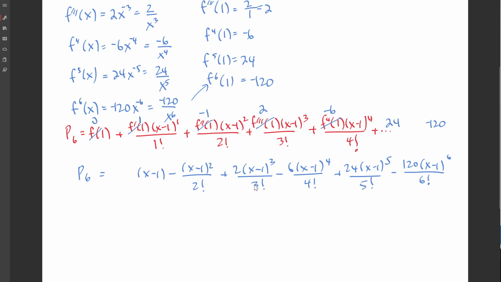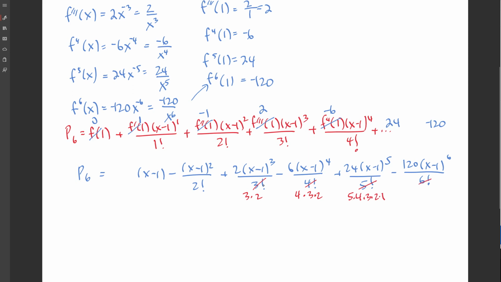Right here, this is actually 3 times 2, right? 3 factorial is really 3 times 2. So if I call this 3 times 2, and this 4 factorial is really 4 times 3 times 2, okay? And this 5 factorial is really 5 times 4 times 3 times 2 times 1.